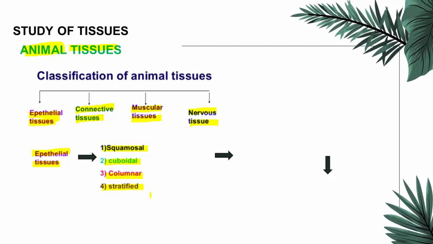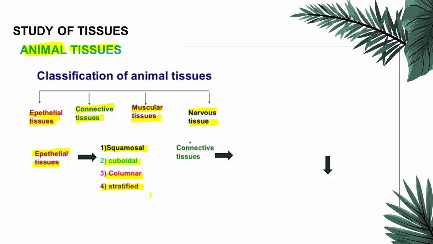In the human body and in other mammalian bodies, all these types of tissues are present. How many types are there? There are four types: squamous epithelium, cuboidal epithelium, columnar epithelium and stratified epithelium.